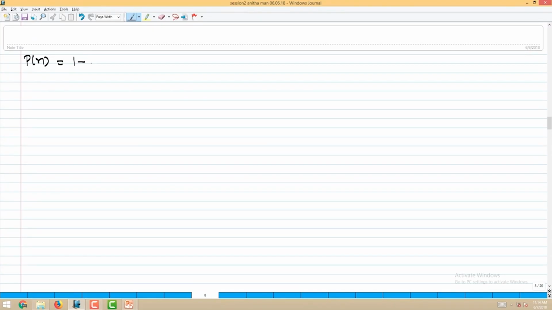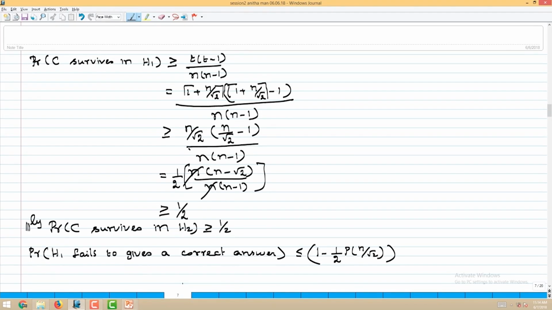So, 1 minus probability of H1 fails and H2 fails. Okay. So, this is equal to 1 minus, see in the previous slide we have done probability of H1 fails to give a correct answer is less than or equal to this one. For H2 also you will be having the same term. Okay.